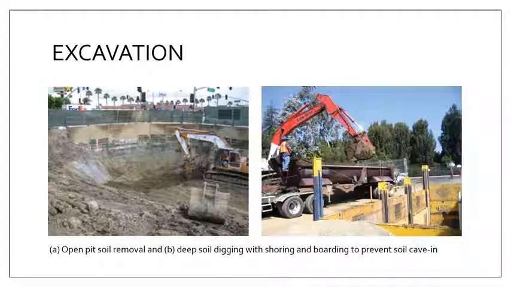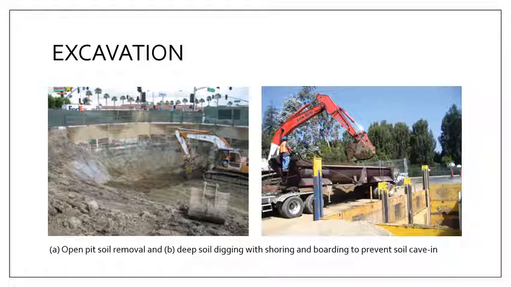Here is an example of a site excavation. On your left is an open pit soil removal, and on your right is a deep soil digging with shoring and boarding to prevent soil cave-in. So you can see here the yellow fence on the lower right of the photo, that's your shoring and boarding.